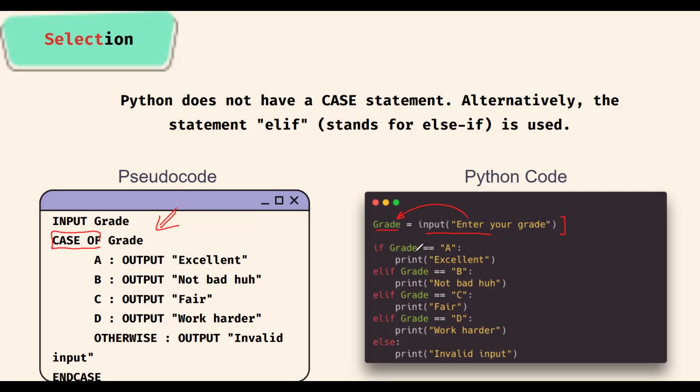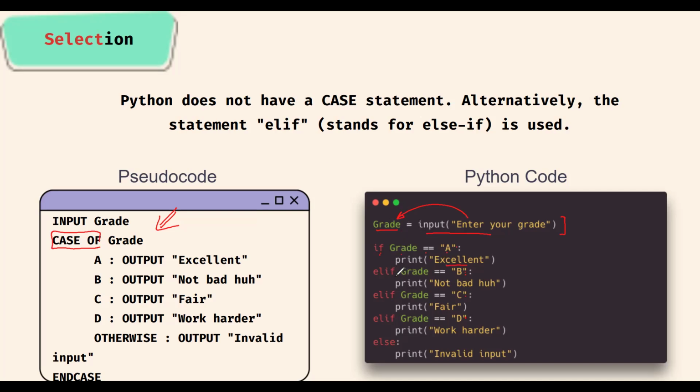Again, we are testing the grade against many possible choices, A, B, C, and D. Since the grade can be more than two different choices, we cannot only use if and else. We have to use elif. First, if the grade is equal to A, and A is a string, we print excellent.